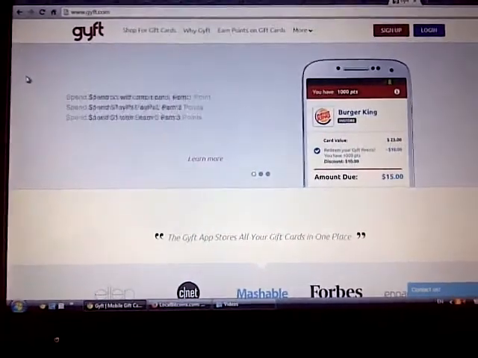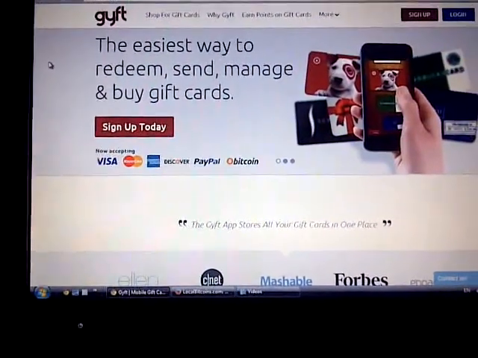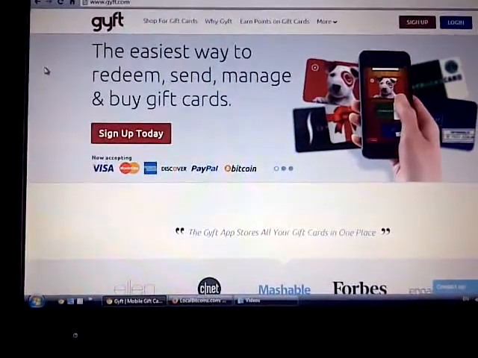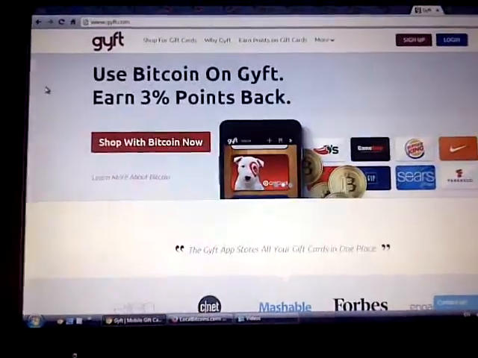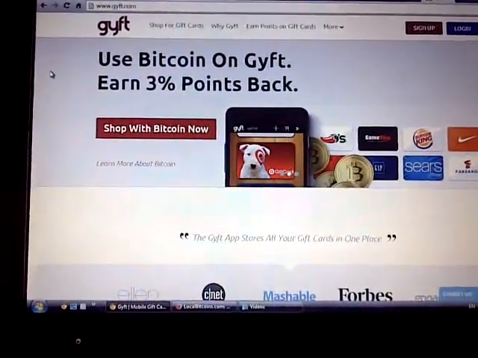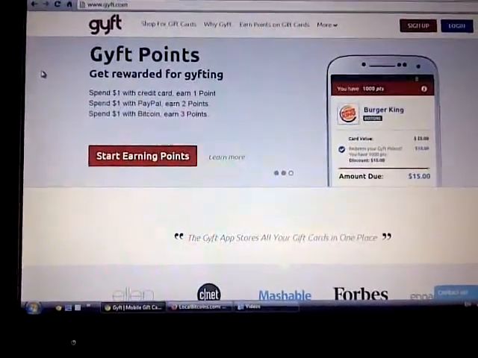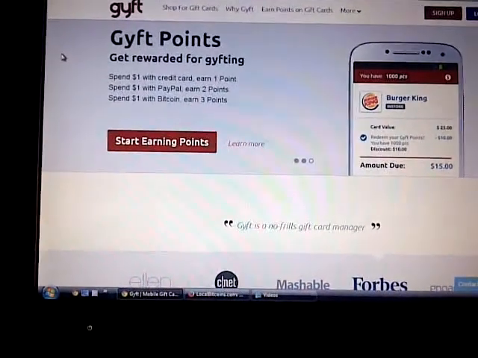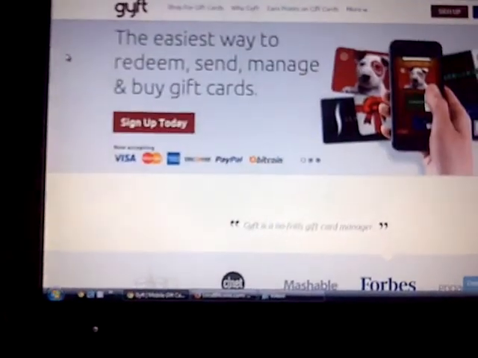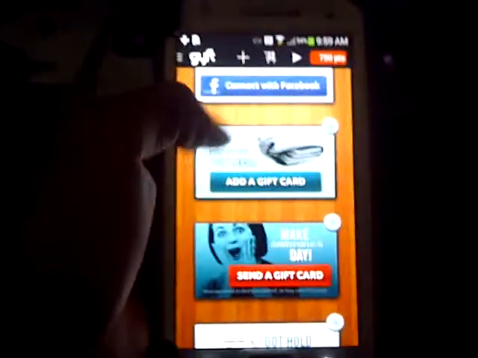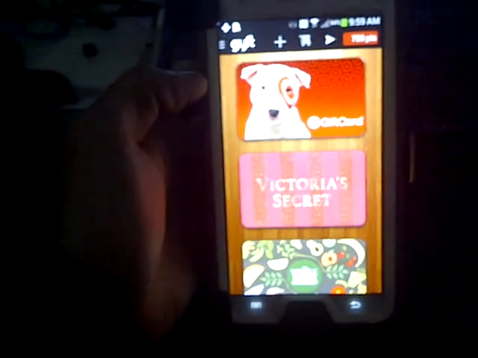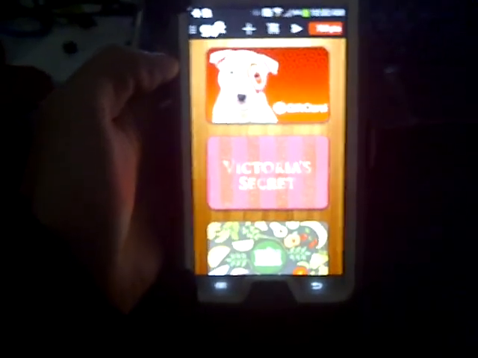So, anyways, something I wanted to show you, because I can now take my gift cards without printing them, without the plastic cards or anything. I just need a number, the verification, and a PIN. Sometimes it depends on the card, and then I'll just put it into, right here. Here it is. Voila. Here's my gift cards.